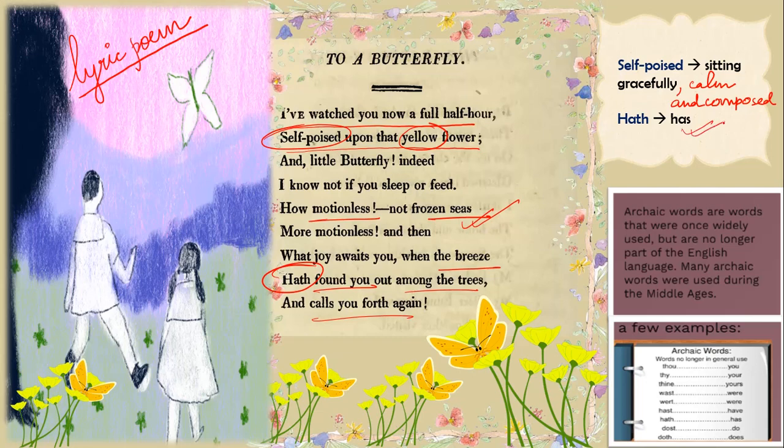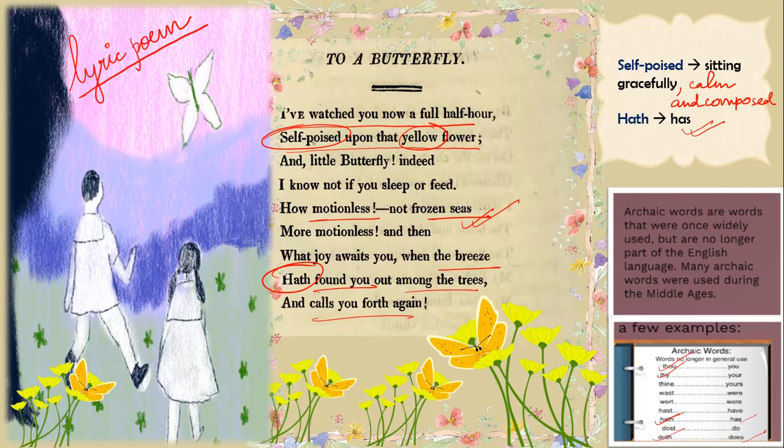Here, hath means has. This is actually an archaic word. So what are archaic words? Archaic words are words that were once widely used but are no longer part of the English language. Many archaic words were used during the Middle Ages. You can see a few examples over here, like thou, which means you; thy, which means your; thine, which means yours; hath, which means has; doth, which means does.